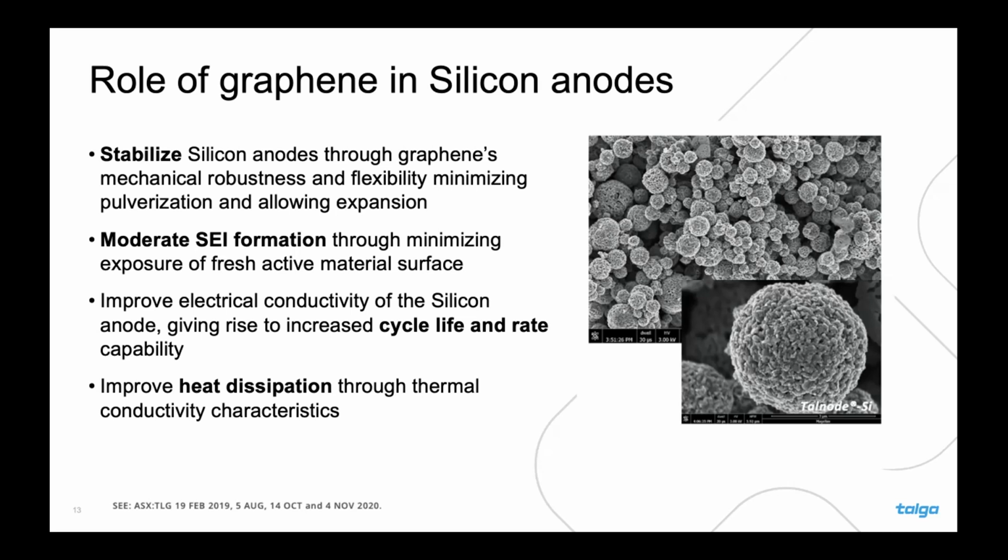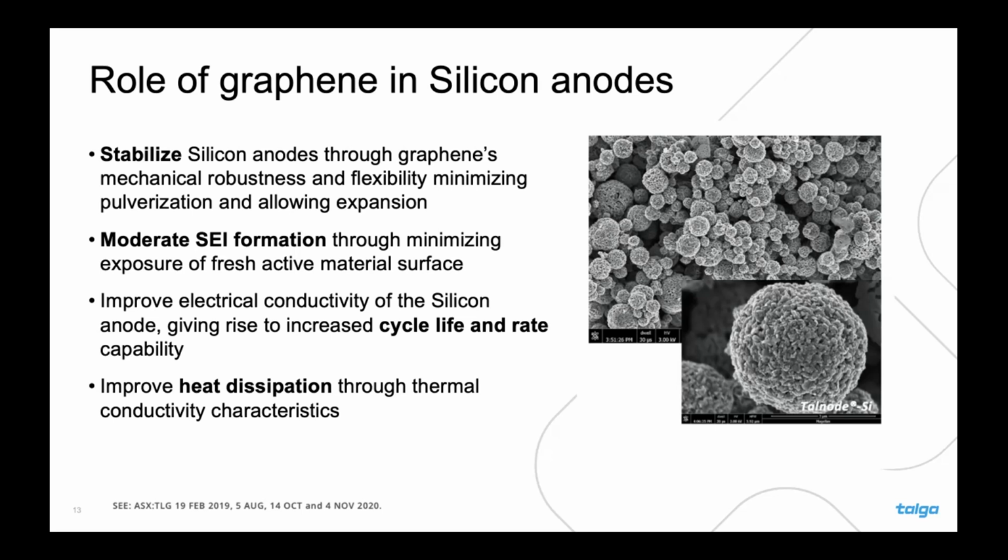Also, the conductivity that graphene possesses inherently can improve the electrical conductivity of that electrode layer and thereby increase the cycle life and the rate capability, which are both related to the conductivity. Also, it's important for safe use of batteries that there are no hotspots inside the battery while you're operating.